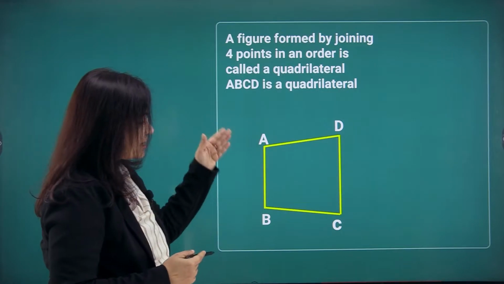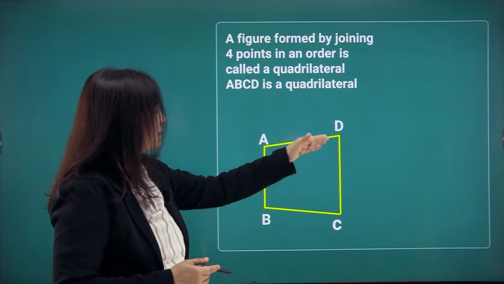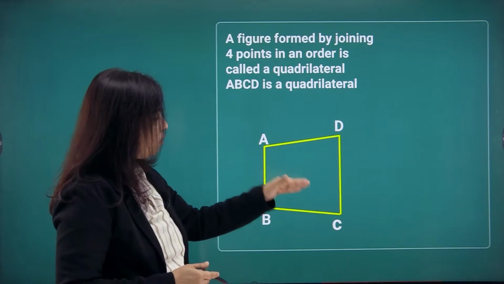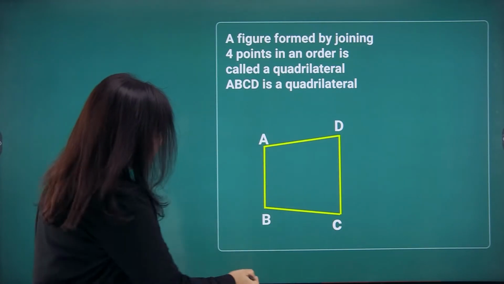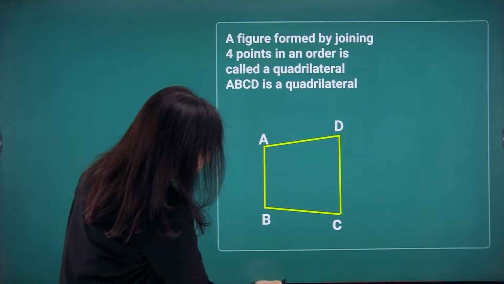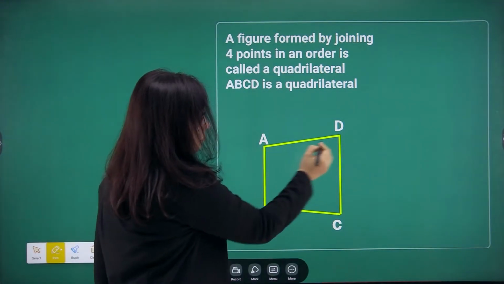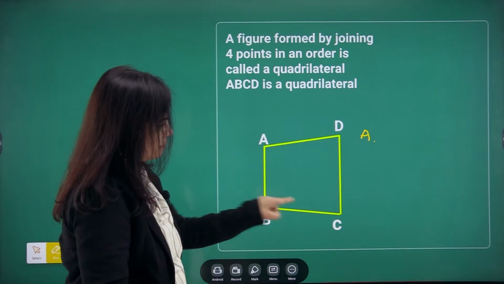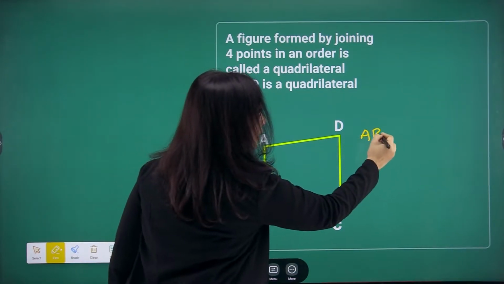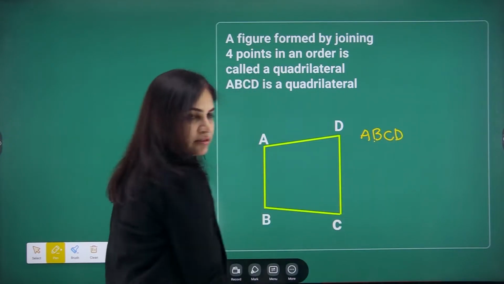I will name it as ABCD or DABC or CDAB or BADC. So, let us see what are the different names which I can give to the quadrilateral. Starting from A, in anti-clockwise direction, ABCD, I can name a quadrilateral like this.